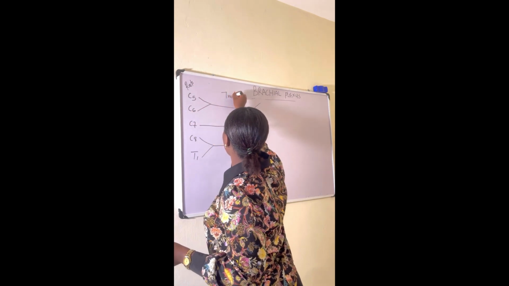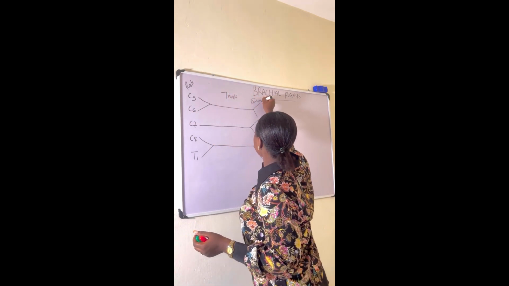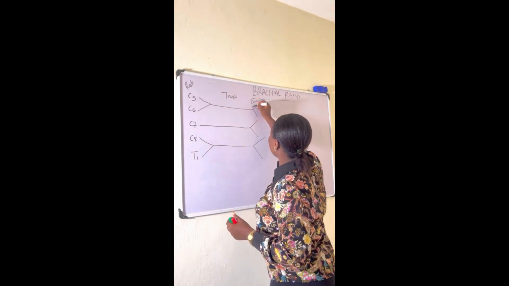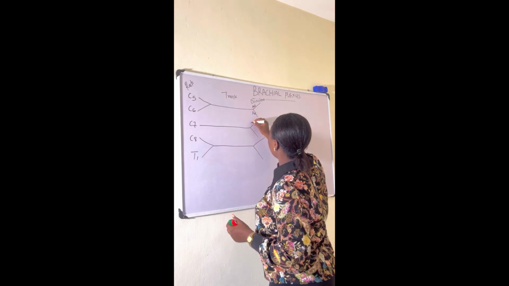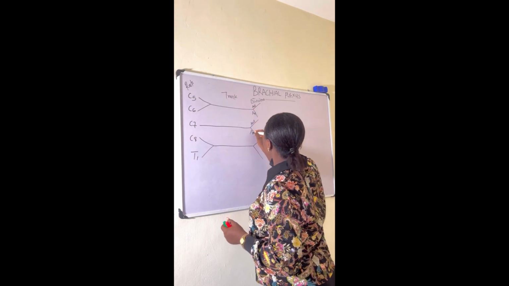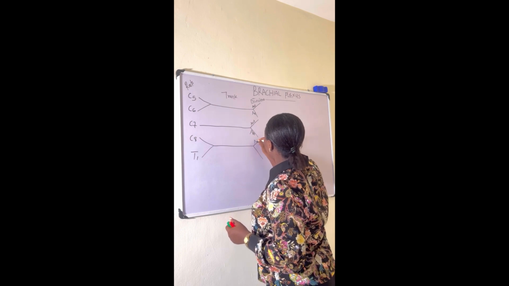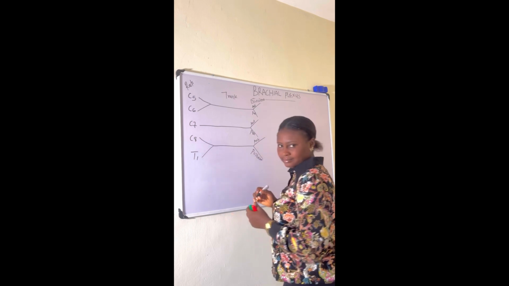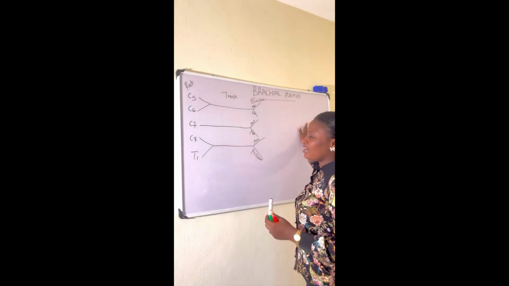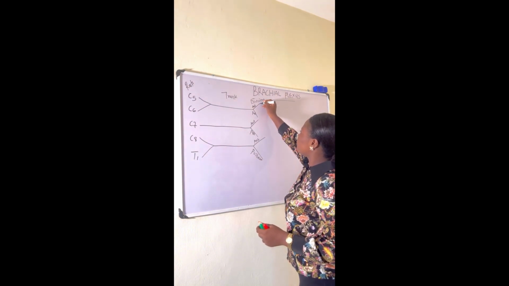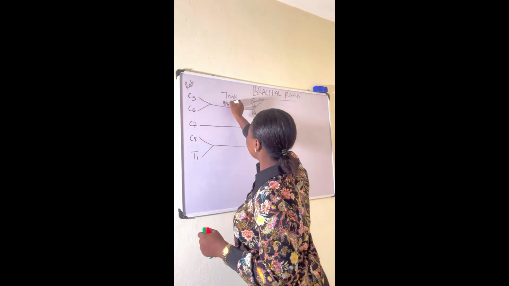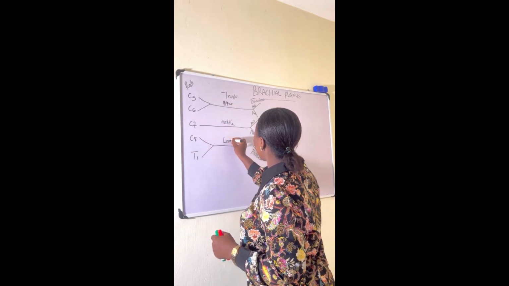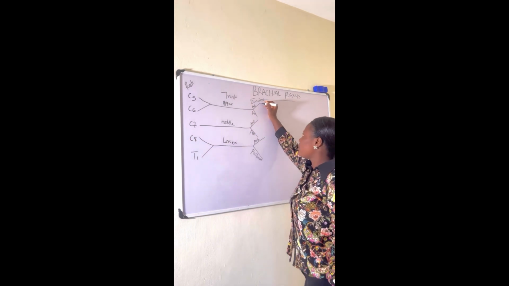Now let's call those the roots of the brachial plexus. These are the trunks and the divisions. Remember that the divisions are the anterior division and the posterior division for each trunk. Now, how do the cords form? Remember that this is the upper trunk, this is the middle trunk, and this is the lower trunk.